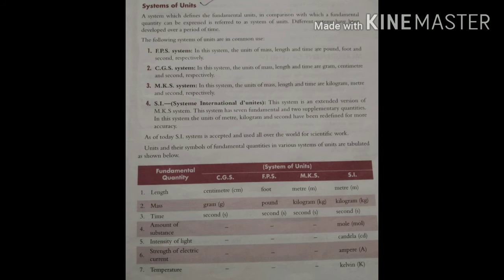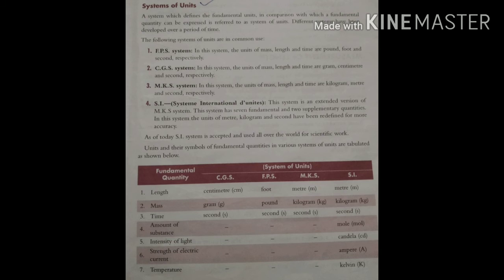We are seeing a table below where a few of the fundamental quantities and their units are mentioned. The SI unit of length is meter, mass is kilogram, time is second, amount of substance is mole, luminous intensity is candela, temperature is Kelvin, and electric current is ampere.